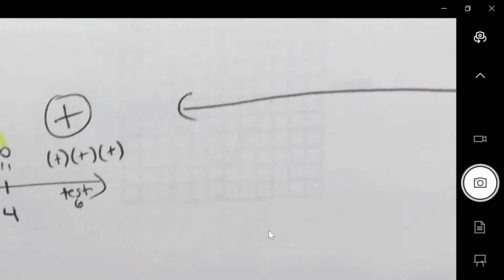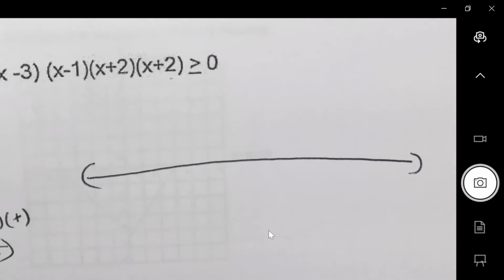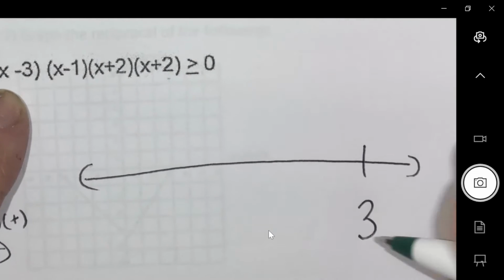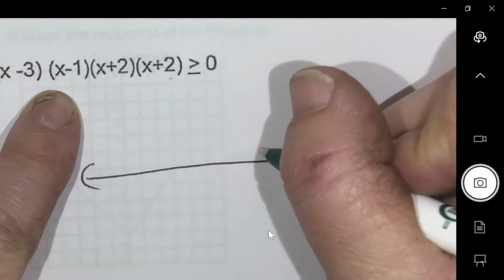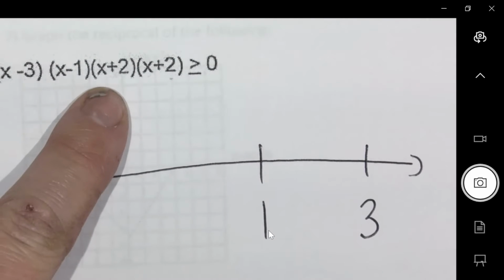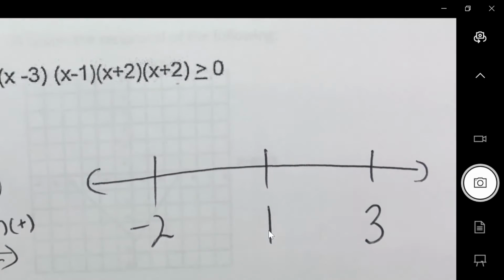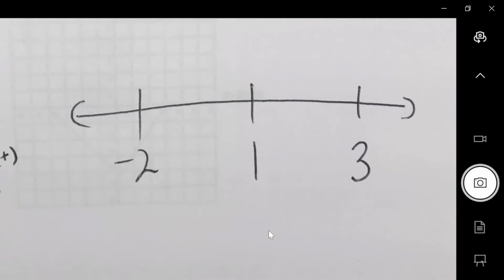Okay, what numbers are we putting on our number line here? X equals 3, 1, and -2. And I don't need to repeat it, just -2.